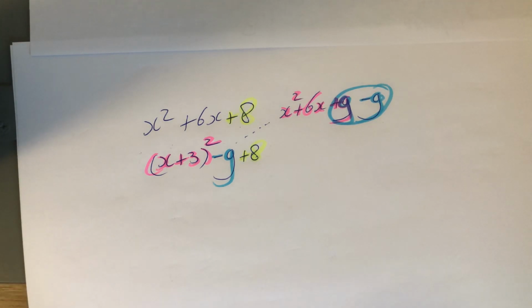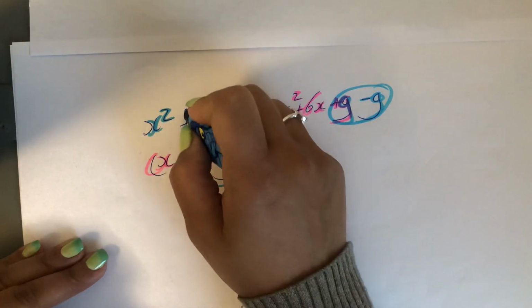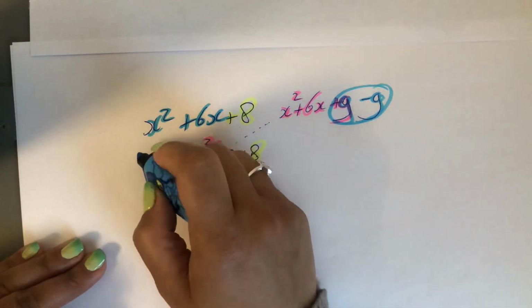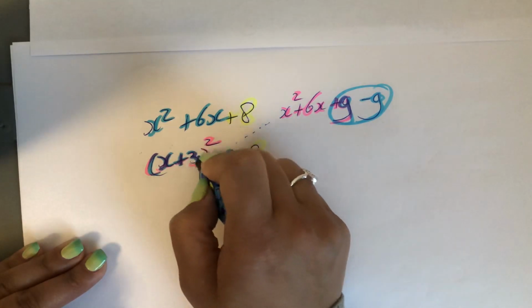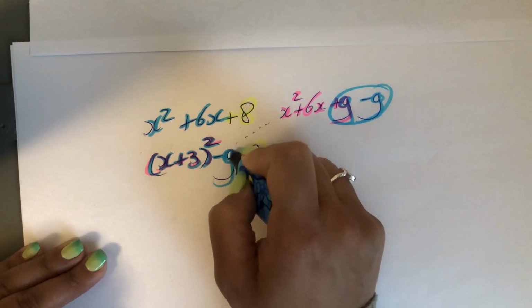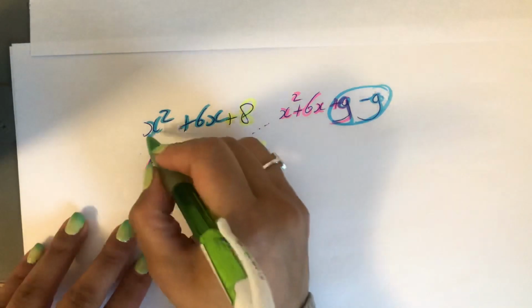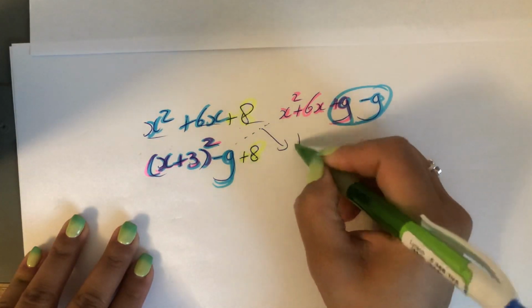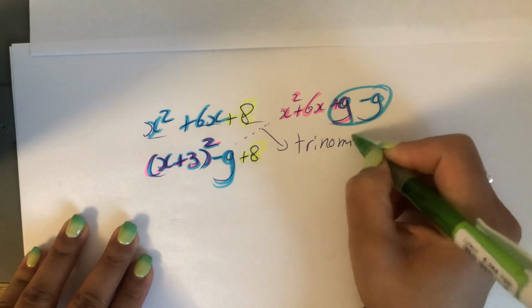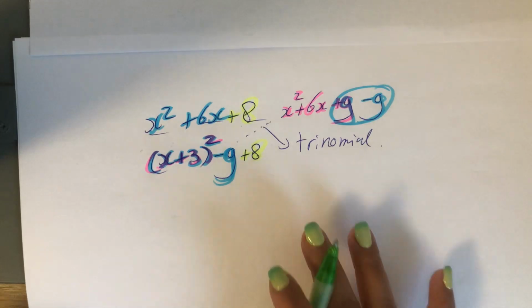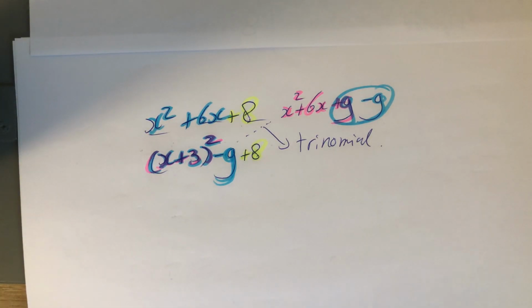And then we can say that the x squared plus the 6x in blue is the same as x plus 3 squared minus 9. I hope it makes a bit of sense. And this is a trinomial. Completing the square is very doable and very easy. It just takes some time to practice.